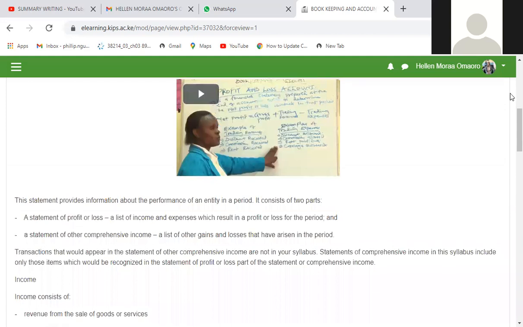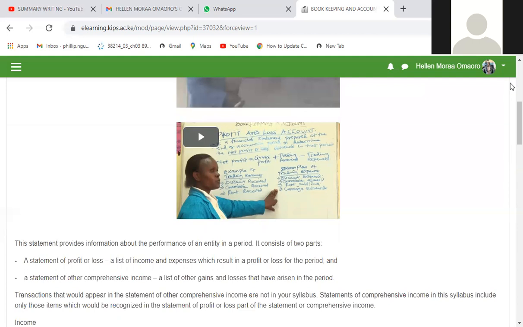Because we have already discussed the profit and loss account, and we have said how we get the net profit, I would like you to ask questions where you have not understood before we move on, because I wanted us to discuss the trading profit and loss account and the balance sheet. Do you have questions? No.